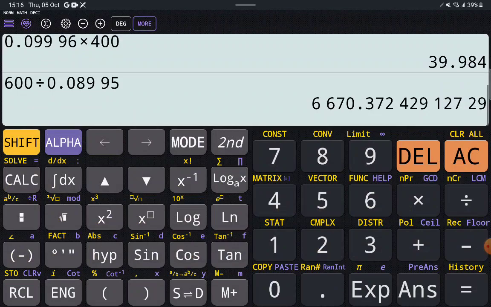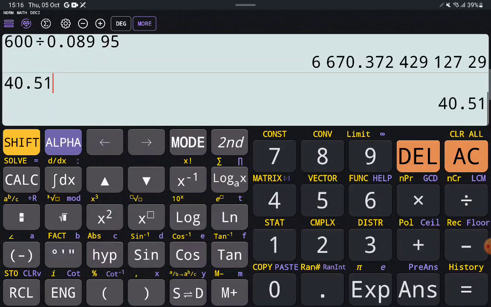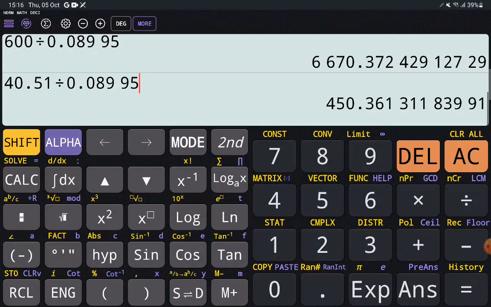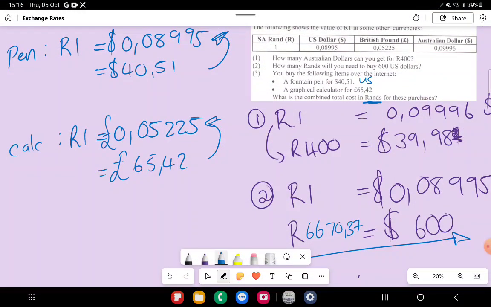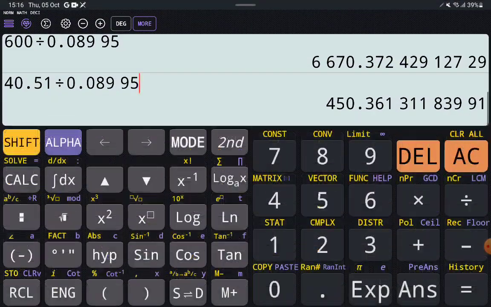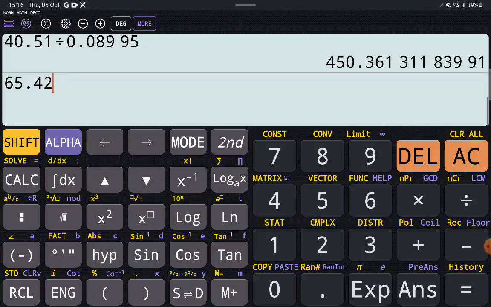For our first one, we are saying 40.51 divided by 0.08995 gives us 450.36 rands. And then the calculator is going to be 65.42 divided by 0.05225.